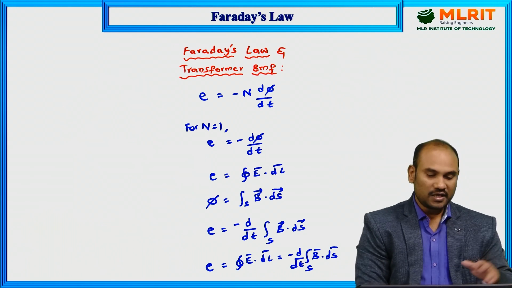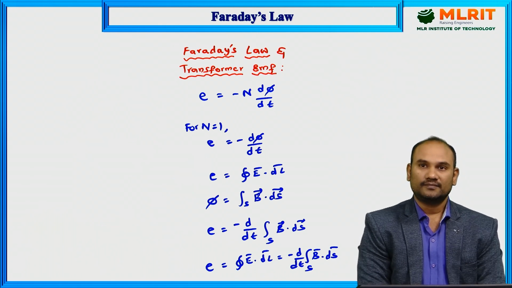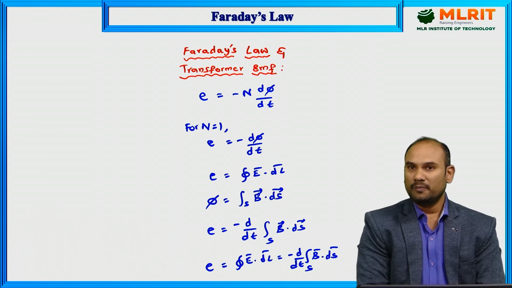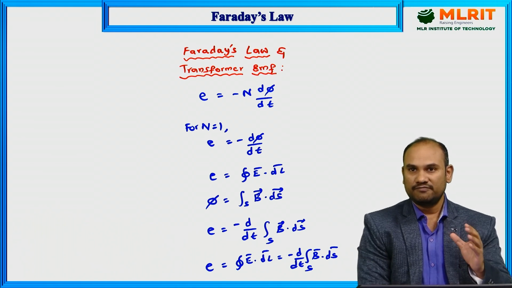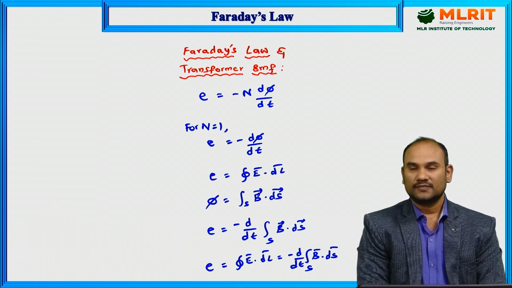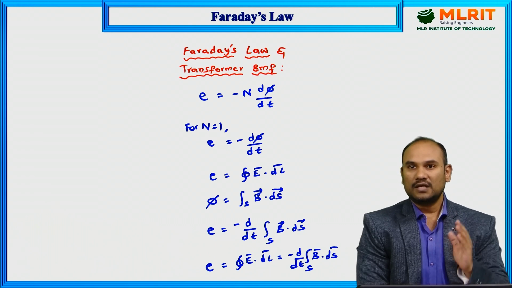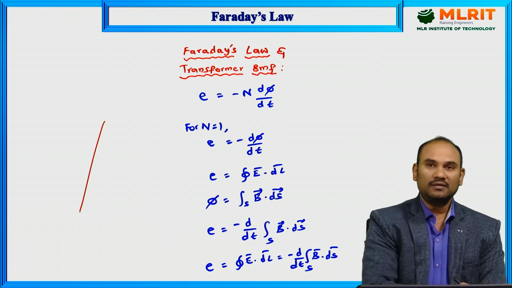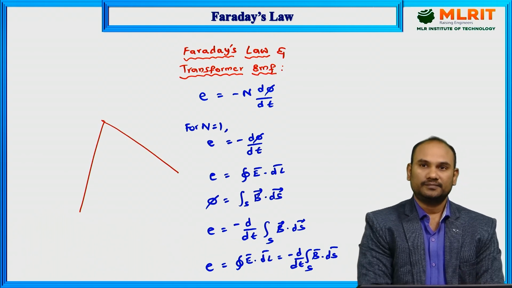Now, how it is related to our discussion is that there are two types of domains, especially in this field theory. Our subject is electromagnetic fields. In this field theory, there are two types of domains broadly: static domain and dynamic domain.